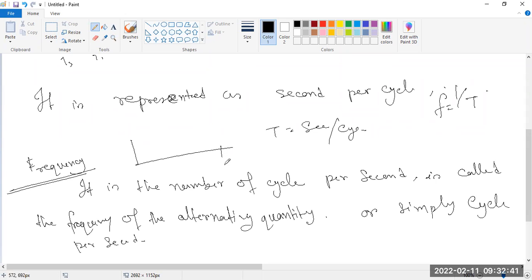In 1 second, find out how many cycles there are. Look, this is one cycle, two, three, four, five, and six cycles. So six cycles per second. So the frequency is six.